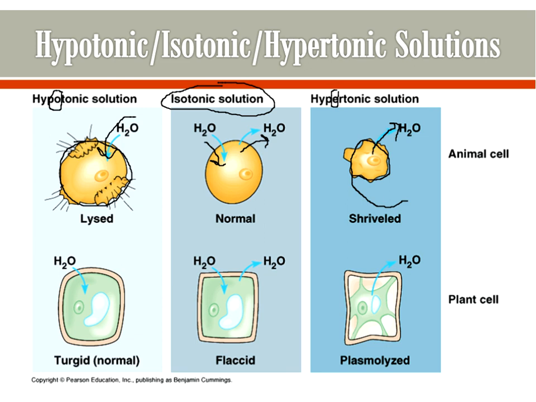If you ever go in water and your fingers look shriveled over time, it's because water is moving out of the cells in order to try to make everything balanced and equal with the water that you're in. That's why your cells look shriveled, because it's a hypertonic solution and water is moving out. So those are just the 3 types of osmosis. Make sure you know that and what's happening for each of those as well.